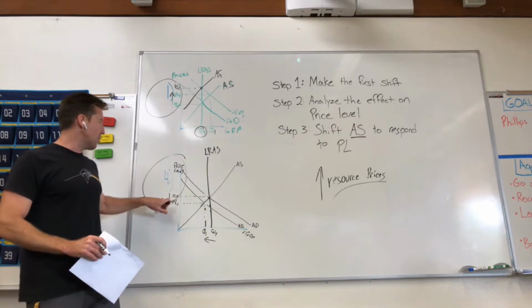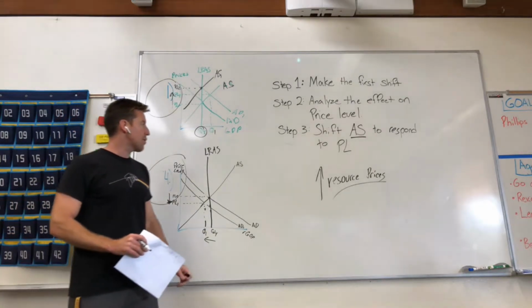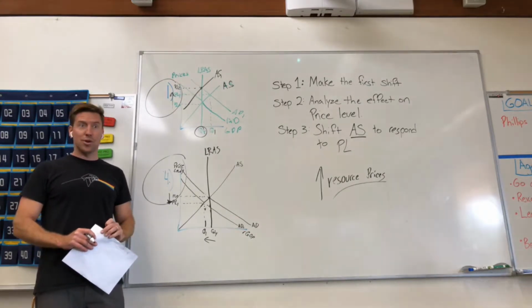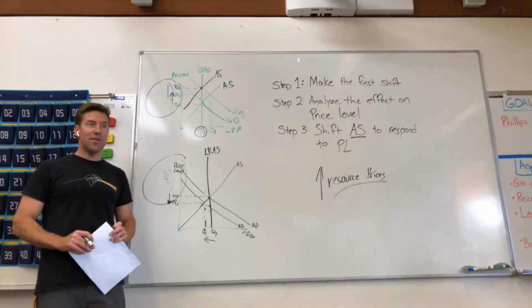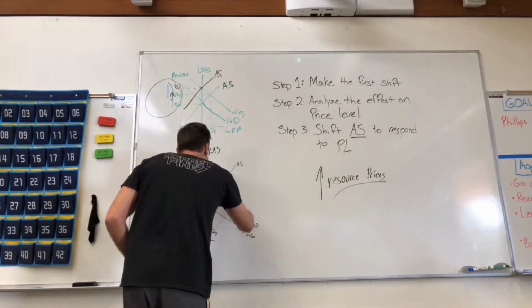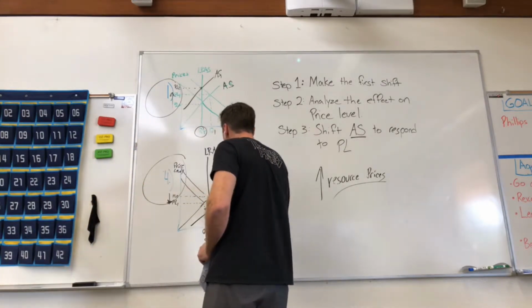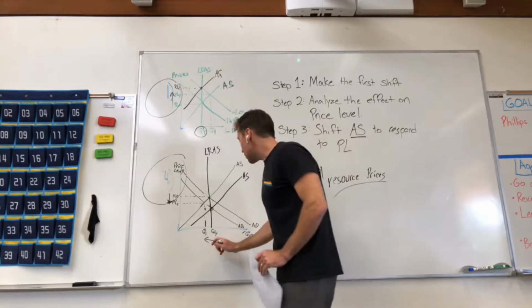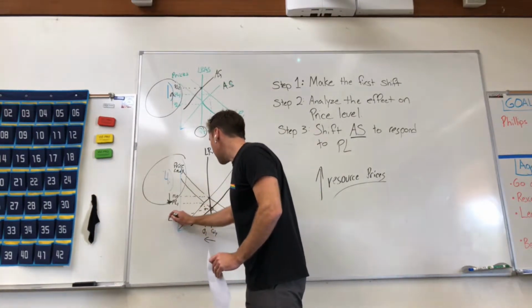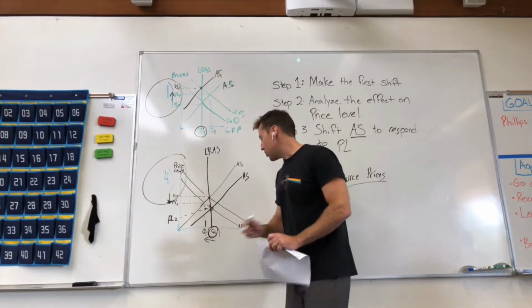So resources are now going to be cheaper, so aggregate supply goes to the right. In this case, our aggregate supply shifts to the right, and we've returned back to our long run PL2, and we've gone back to our potential output.